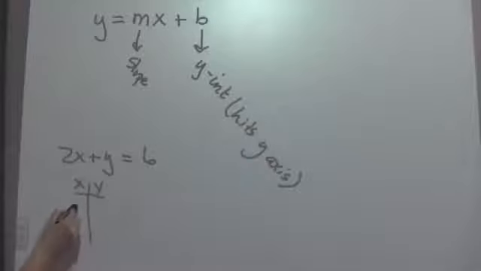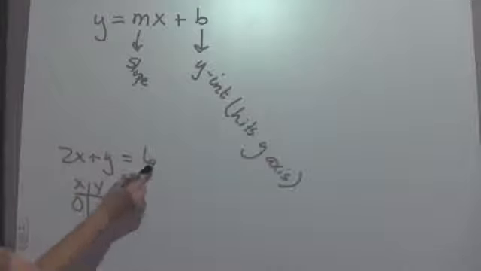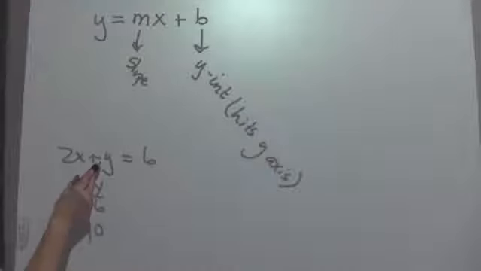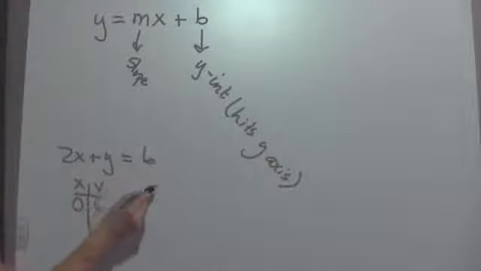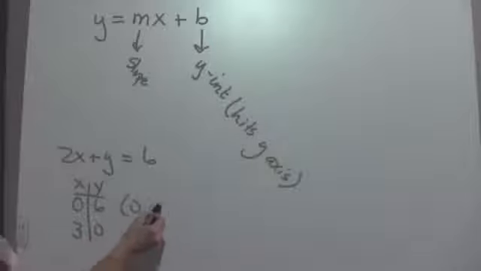I could just throw in a 0 for x. 2 times 0 is 0. That means that y is equal to 6. I could then turn around and throw in a 0 for y. 2x equals 6. That means 1x equals 3. And then graph these ordered pairs, (0, 6) as well as (3, 0), and I would get a line.